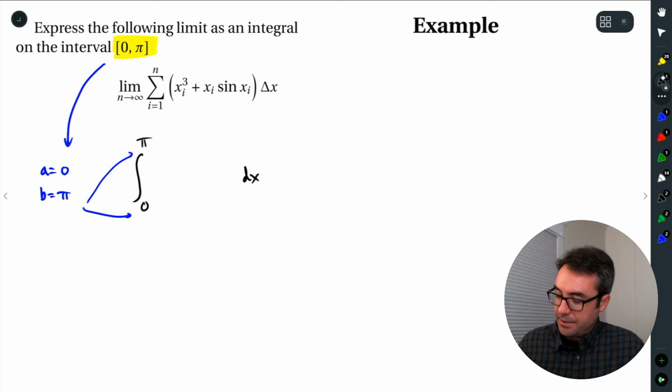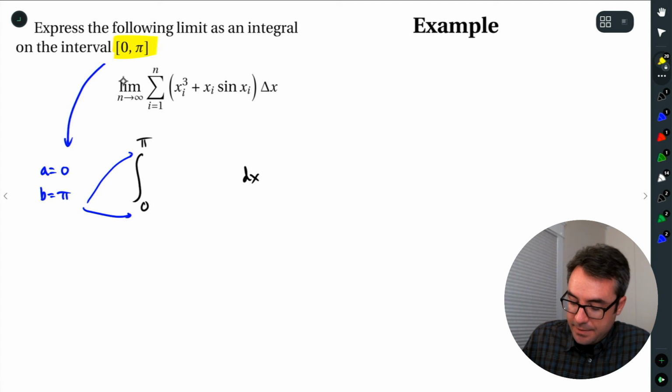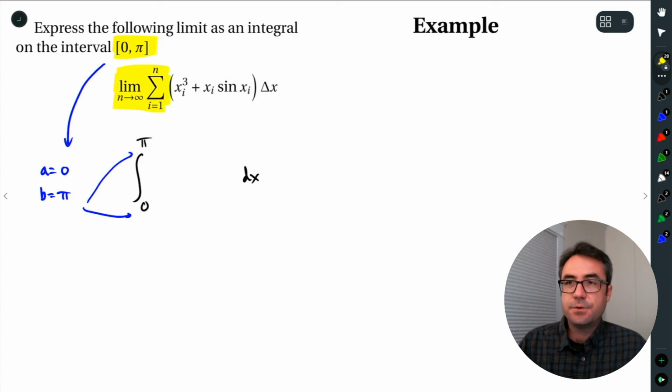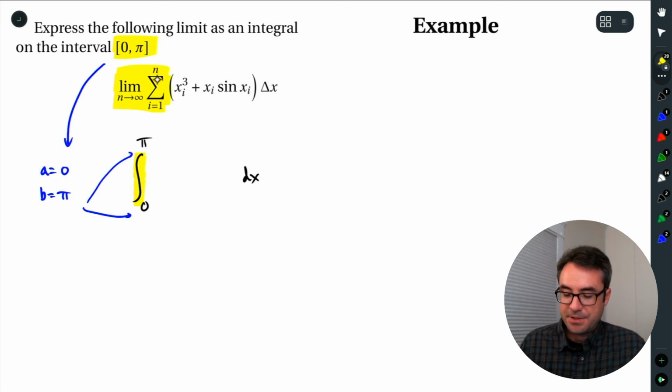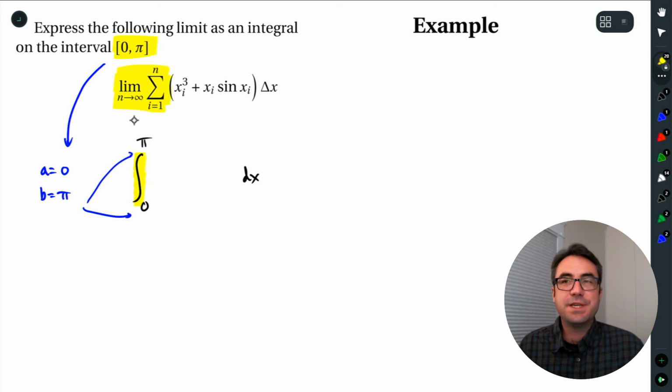You can think that in this notation, the limit with the summation sign is really what becomes the integral sign in our definite integral. You can almost think of the summation sign, and the limit really smooths it out.